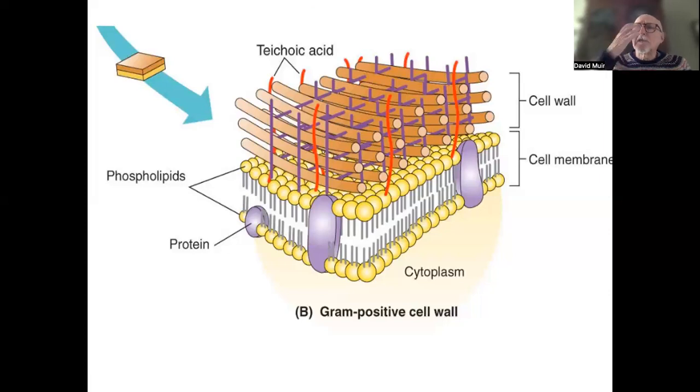And gram-positives include many, many bacteria that you're going to hear about. Many of the rods, Bacillus, for example, is a gram-positive, and almost all of the cocci. It is very rare to have a gram-negative coccus, although they do occur, as I have told you. Most of the cocci are gram-positive.